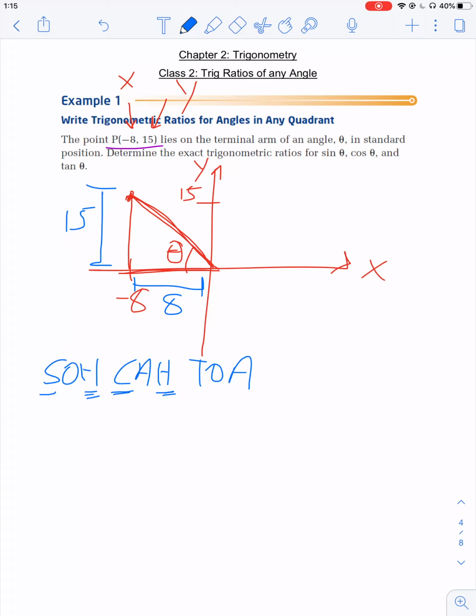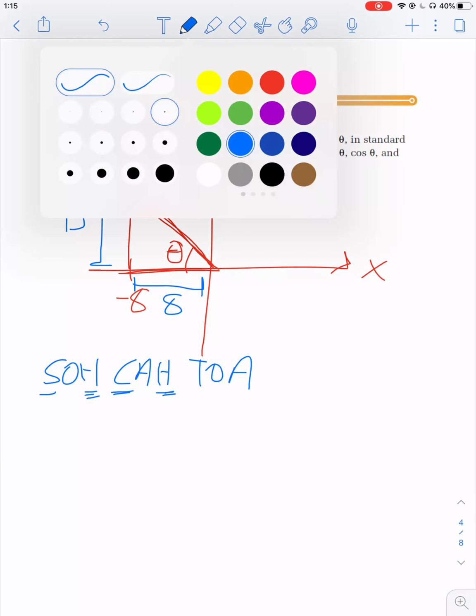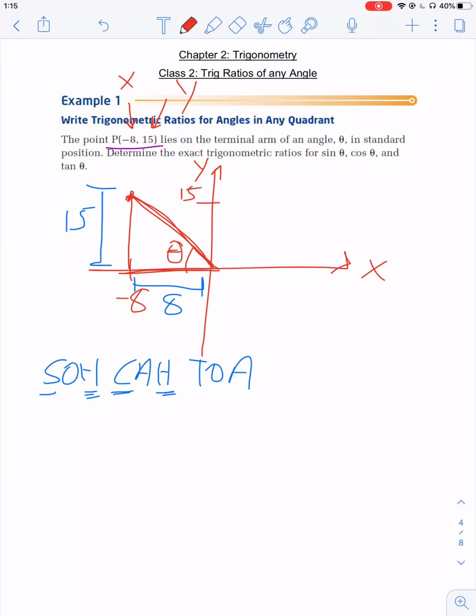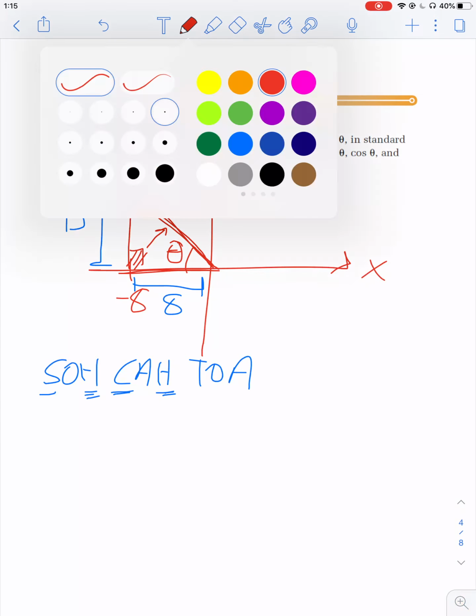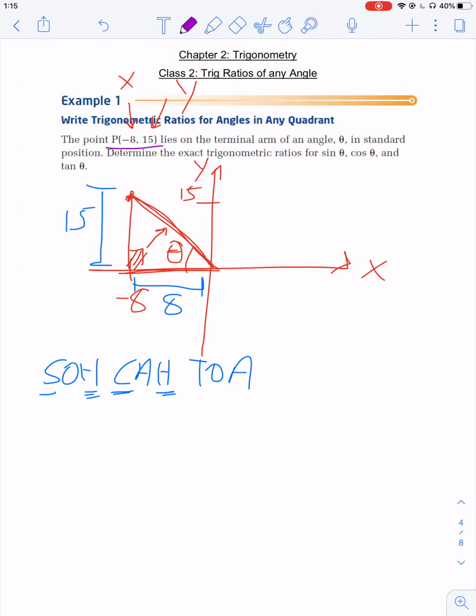When the hypotenuse is not given, what you have to realize is that when you connect your triangle this way, this is a right angle. The side opposite to your right angle will always be the hypotenuse, which, because we're doing trig, instead of calling it h, we just call it r because it's essentially your radius.